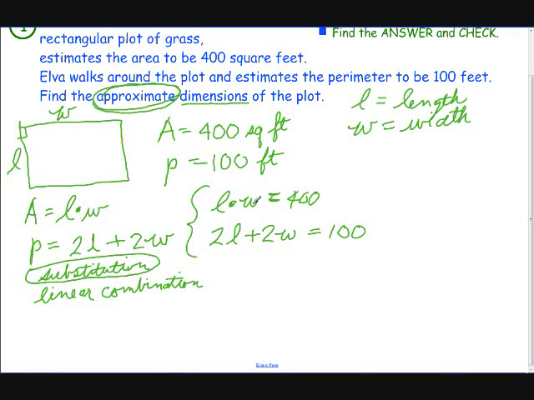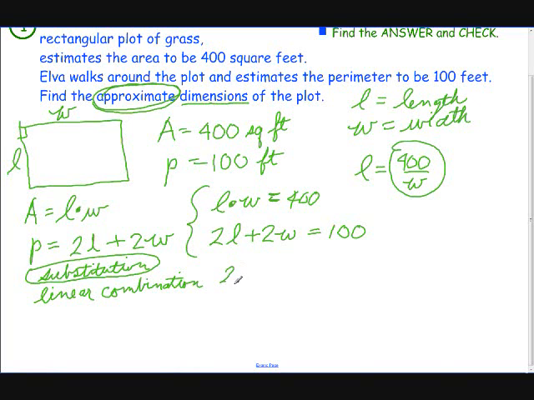All we need to do is solve this for either L or W. Suppose I decide to solve for L. So I'm going to say L is equal to 400 divided by W. See what I did? I divided this side by W and this side by W. Now I can take this and substitute it in here every place I have L.